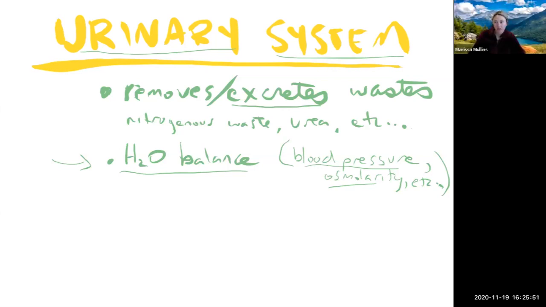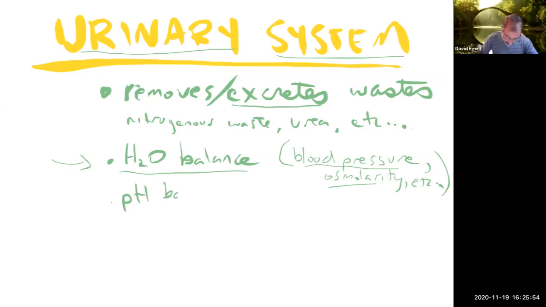pH balance. It's going to be critical for pH balance. We're going to talk at the end of today about the big picture of pH balance. The urinary system is the main long-term control of pH balance. We've seen buffer systems that can react instantly. I talked about the respiratory system changing pH by having more or less CO2 in your body.